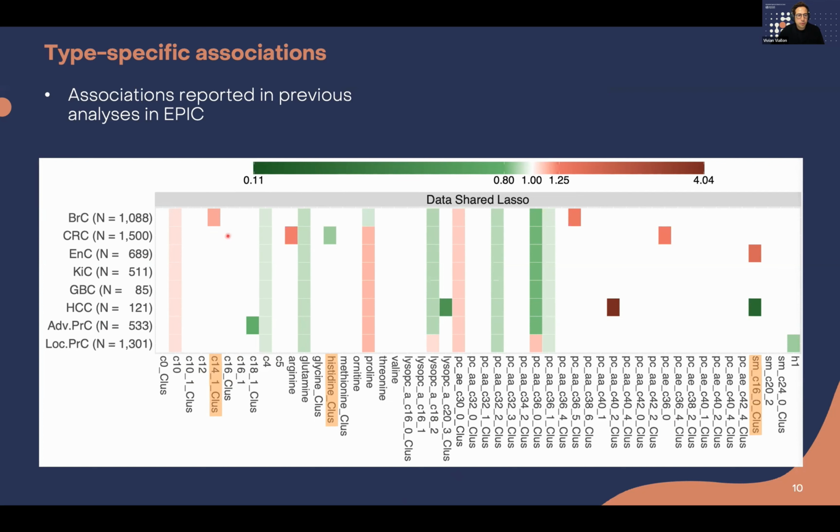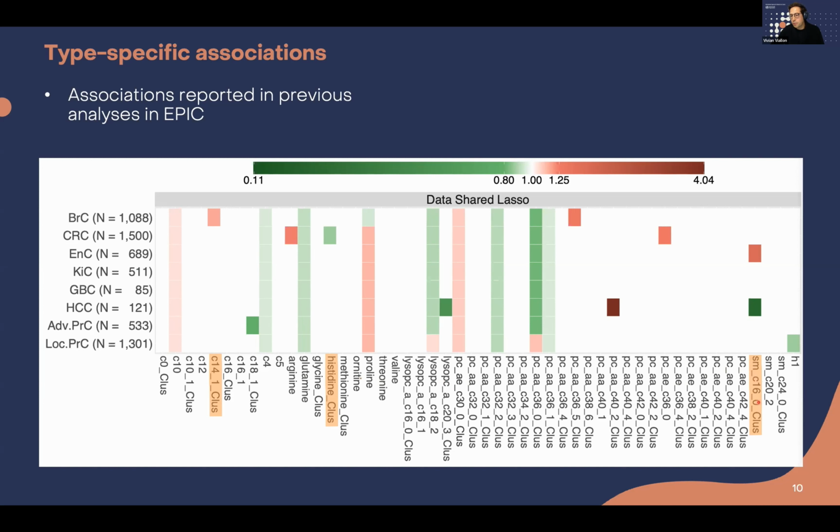For example, this positive association between this cluster of acylcarnitines and breast cancer was already reported in the breast cancer study conducted in EPIC.